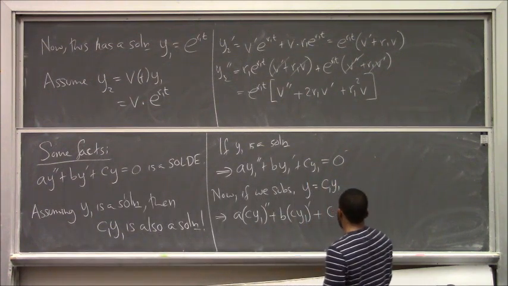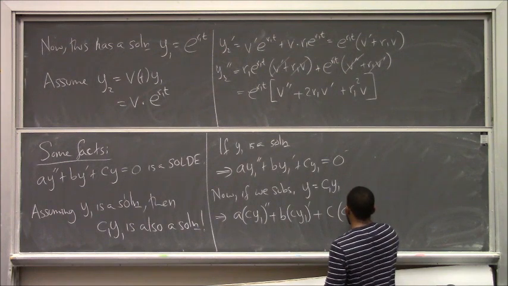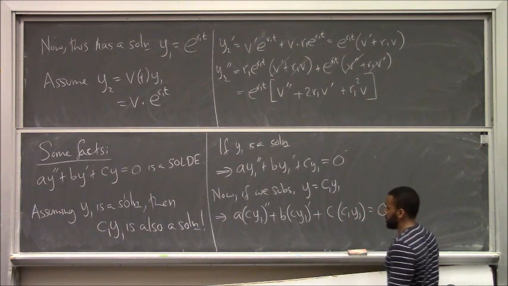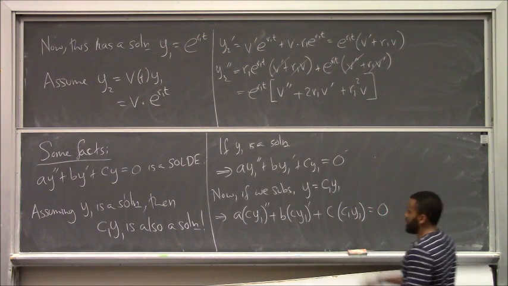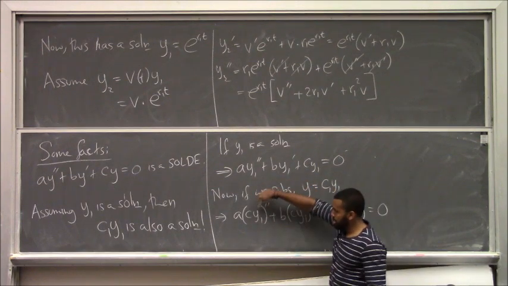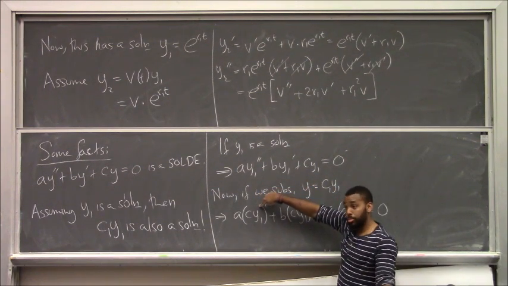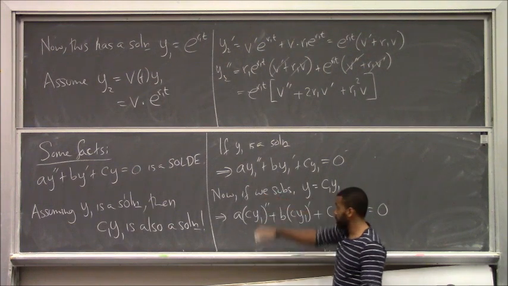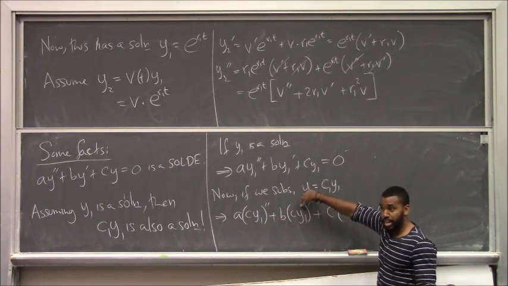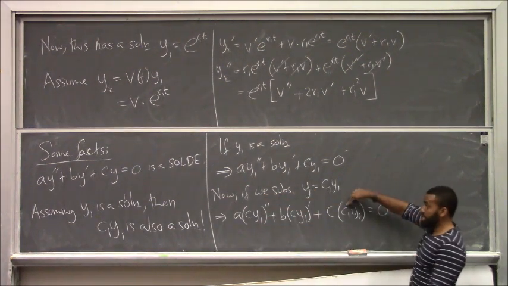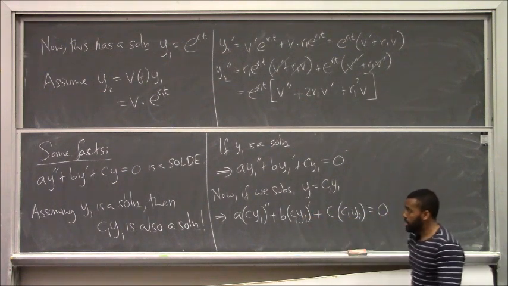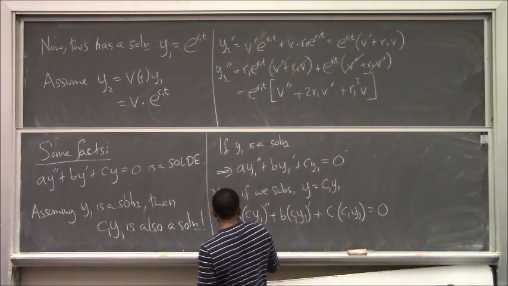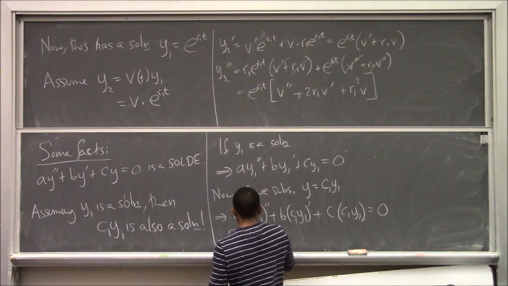So a c1 y1 double prime plus b c1 y1 prime plus c c1 y1 is equal to 0. Now, what do you know about the derivative of a constant times a function? It's the constant times the derivative of the function. The constant factors out. So c1 literally factors out of everything unscathed. And what do you have left over?